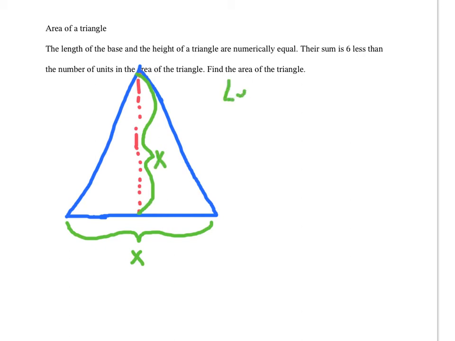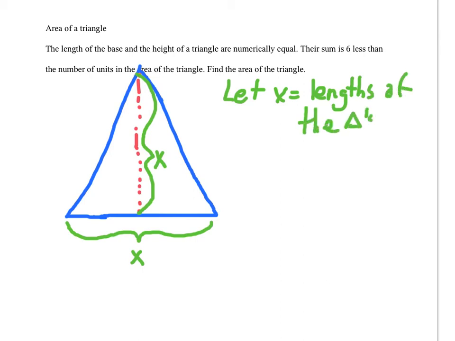So let's let x equal the lengths of the triangle's height and base. And it doesn't give us actually what the units are, so I'll just say in generic units.